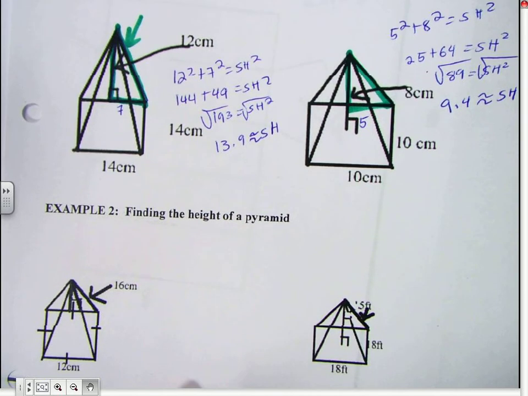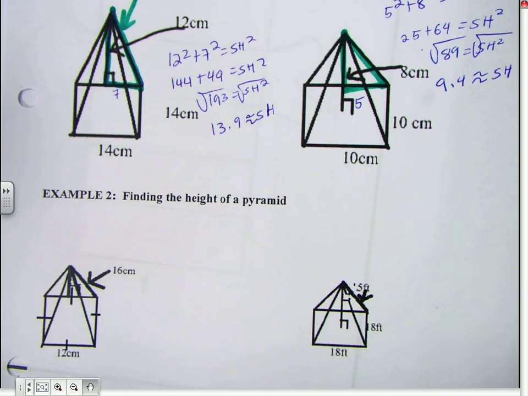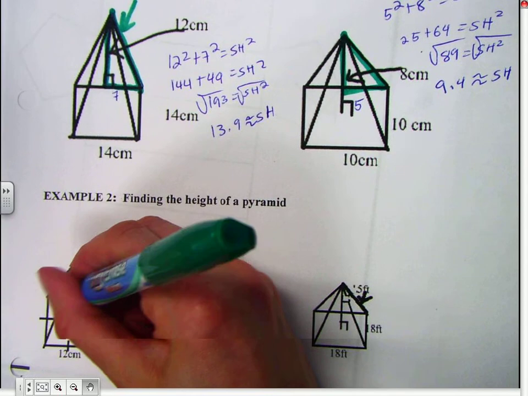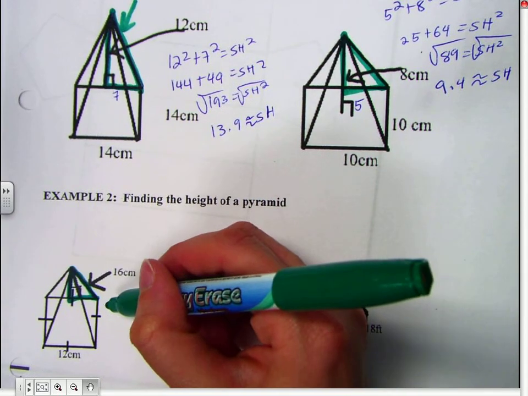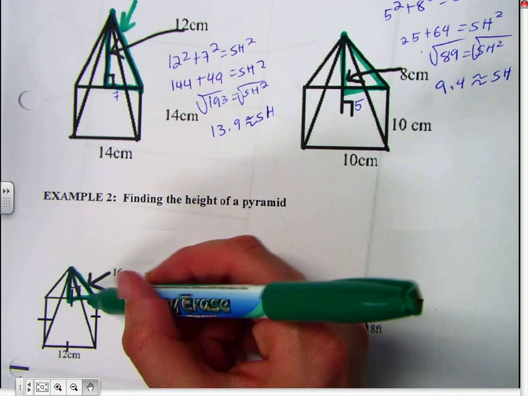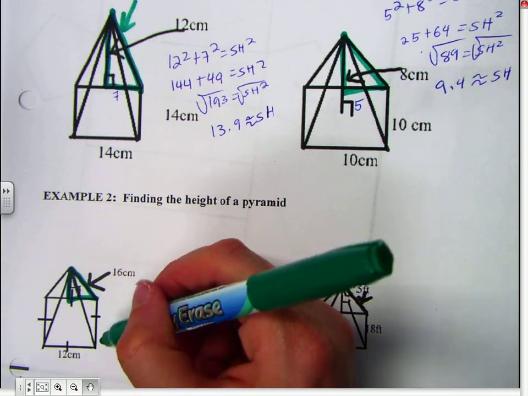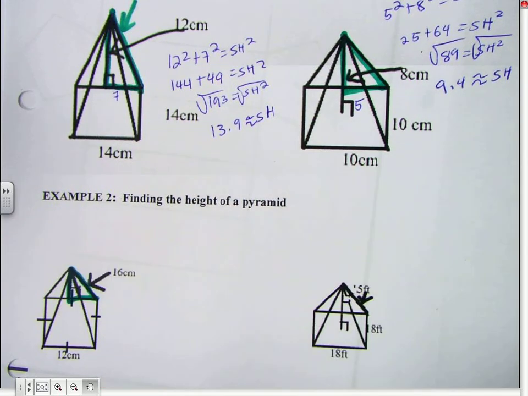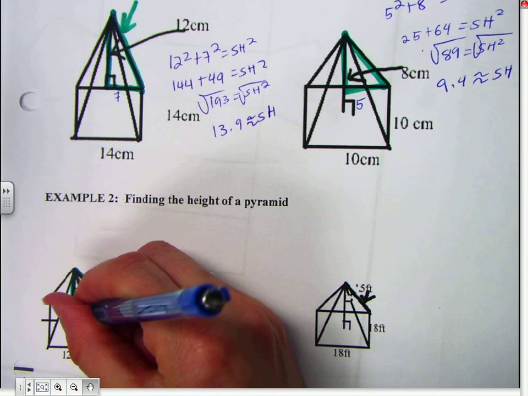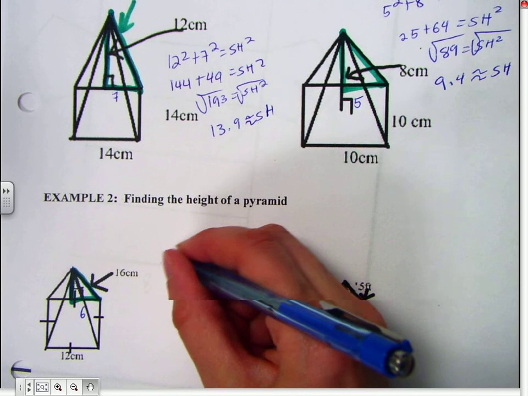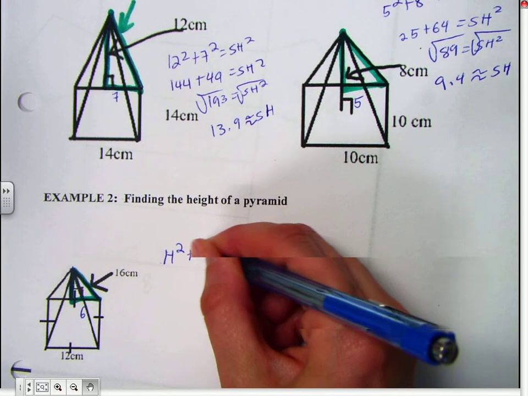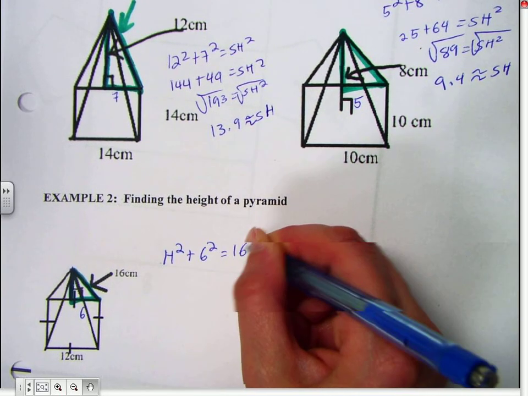The next two are only slightly different and they're not any harder. Instead of figuring out the slant height, we're looking for the height. I know the slanted part, or the hypotenuse, is 16. What would the base be? The base of the whole thing's 12, but I don't want to use 12. What do I want to use? 6. So I'm going to put h squared plus 6 squared equals 16 squared.